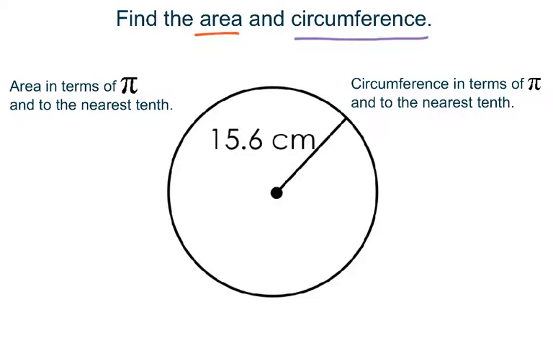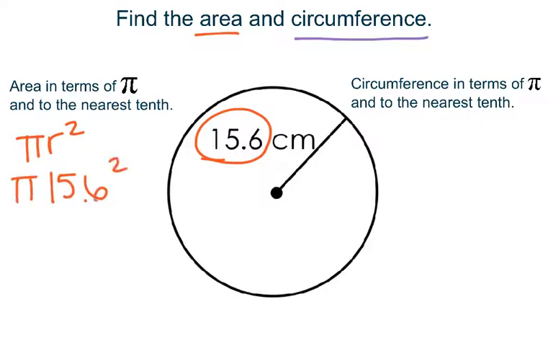So on the left hand side in red, I'm going to do the area. So remember that area is pi times r squared, and r is your 15.6. So I'm going to do pi times 15.6 squared. And remember to please use the pi button on the calculator, not just 3.14.